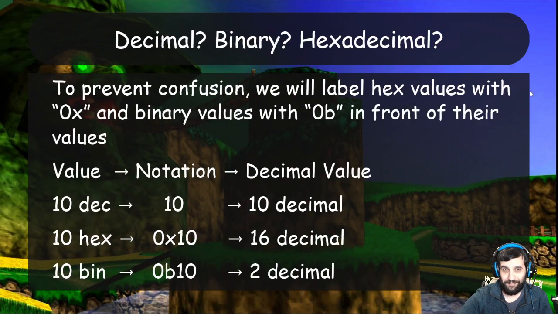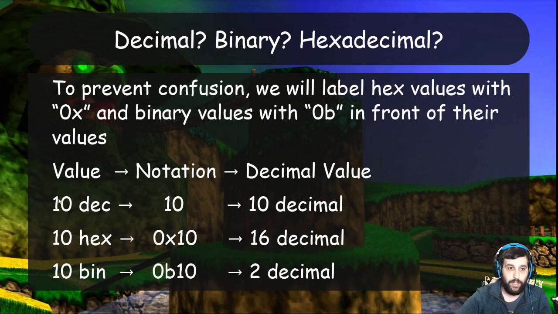But moving on. In order to prevent confusion between whether this is a decimal number, a binary number, or a hexadecimal number, we are going to use notation. For hex values, we're going to use 0x, for binary we're going to use 0b, and for decimal, we're not going to have anything in front.